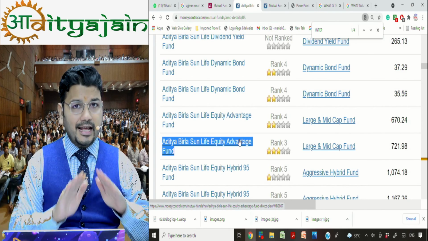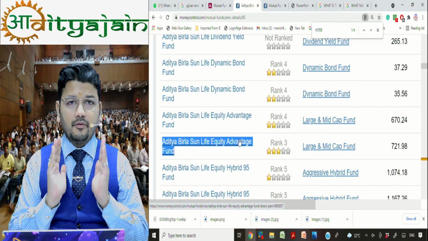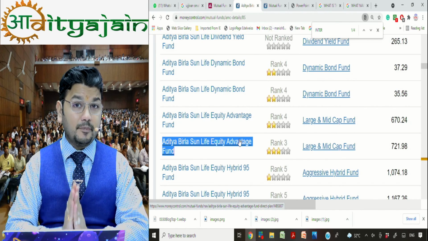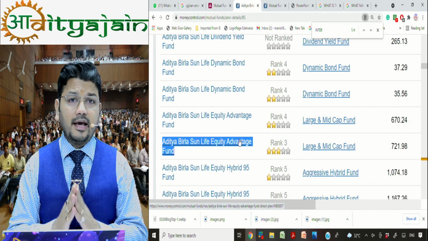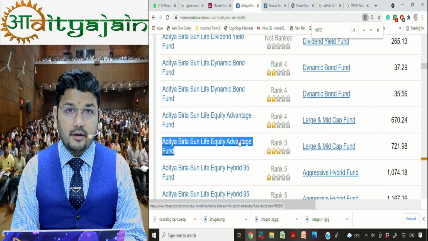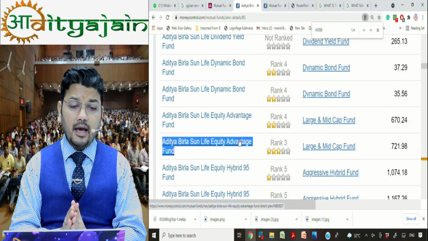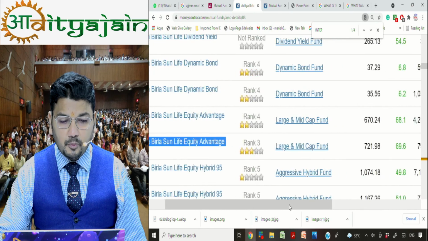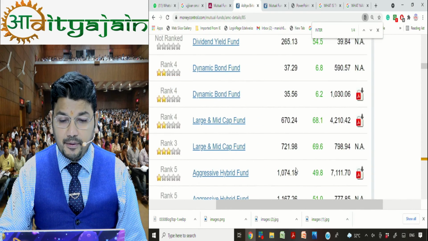So first there are lots of mutual funds operating in India, and when we select one mutual fund company, under that company there are lots of schemes. As per your choice, your expectation, your desire, you can choose any one scheme, and in that scheme you will find NAV. It means if I want to purchase this mutual fund scheme, then I have to pay.